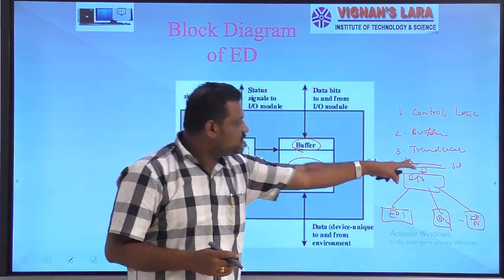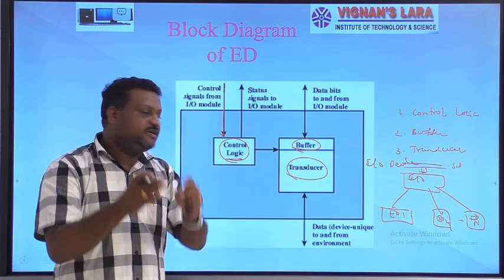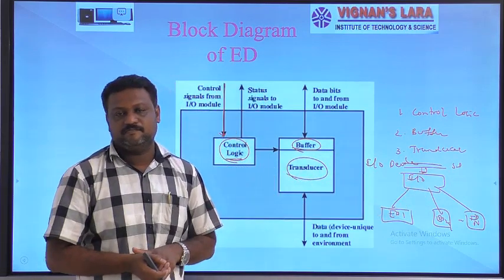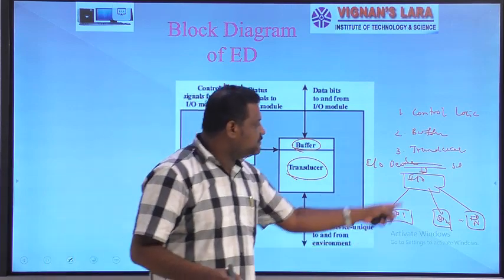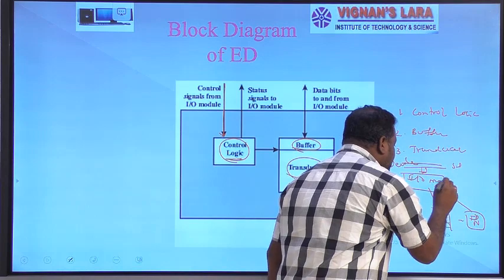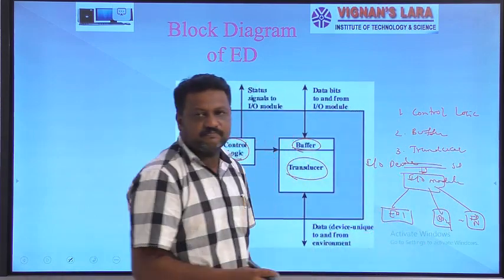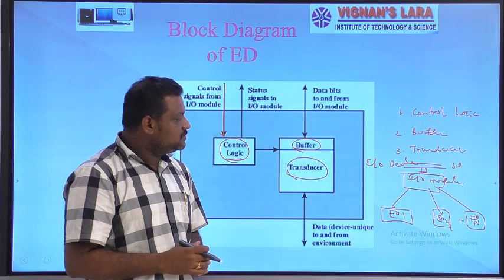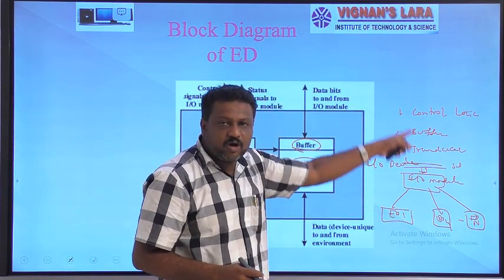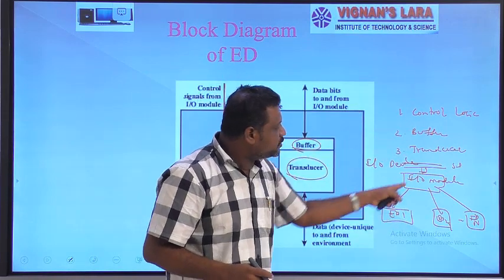You know that the system bus is connected to your CPU and memory along with I/O modules, not with the I/O devices. Between your I/O device and the system bus, you must have an interface. It is called the I/O module. Whenever an I/O device wants to communicate with memory or the processor, it sends its request to the I/O module.